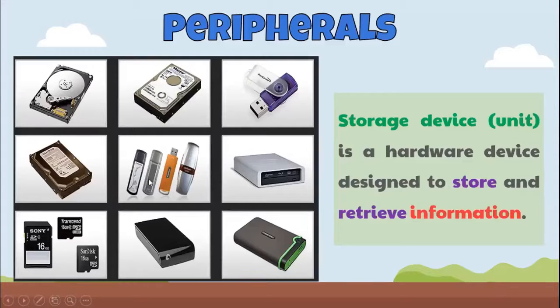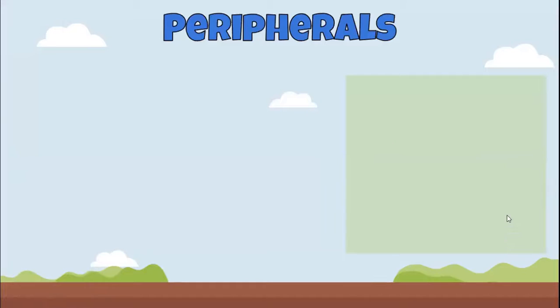And the flash drive, as you see here, is two of them. We are saying the flash drive. Generally, these are smaller than external and internal devices. And the other one is micro SD or SD card. You can say that. Very, very easy to understand. Okay, let's see the other one.